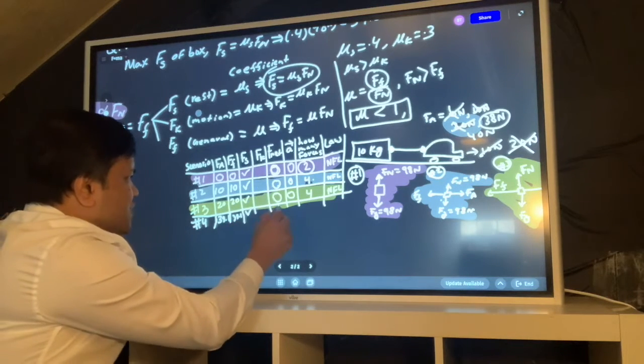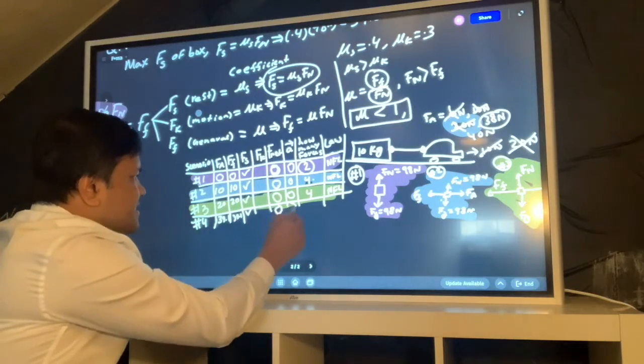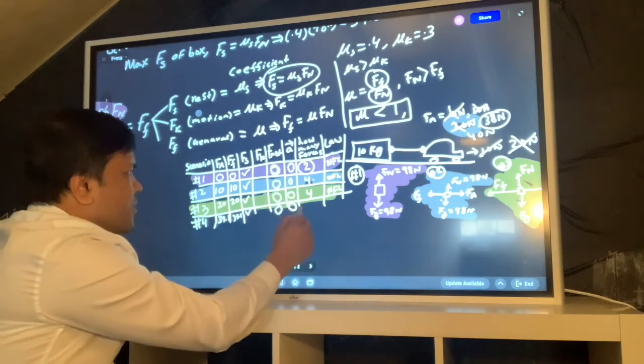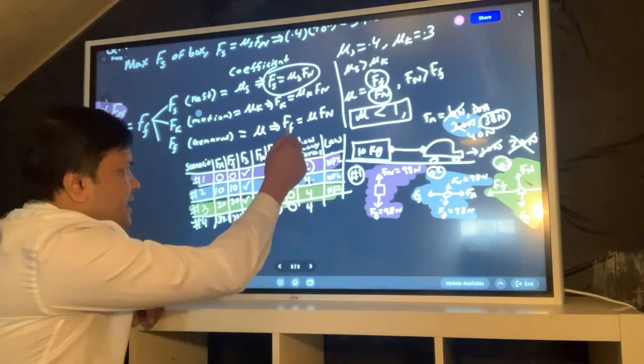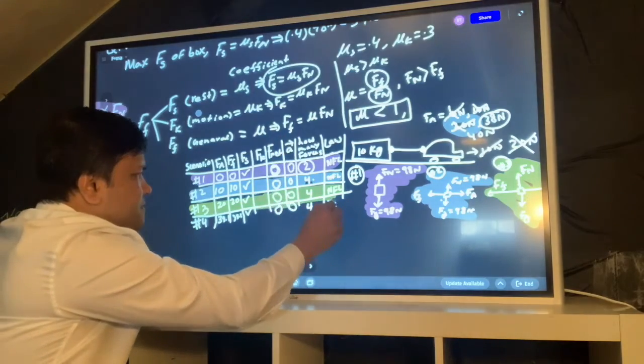The net force is still 0, the acceleration is still 0, there are still 4 forces acting on it, and it's still Newton's first law.